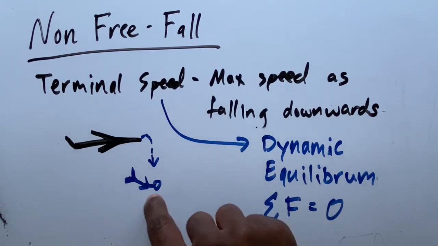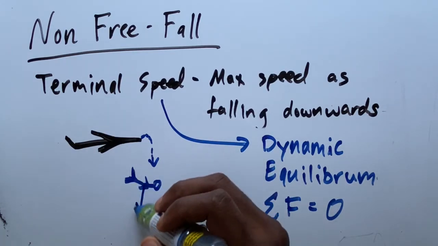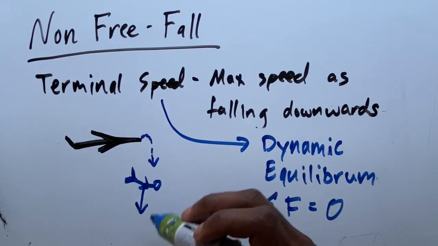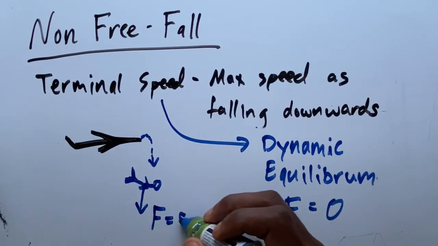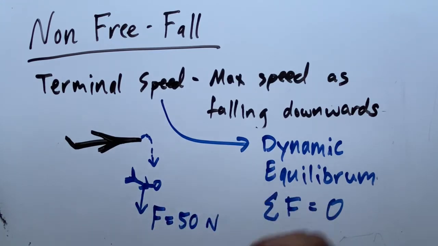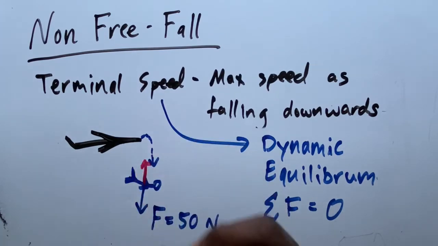So if we know the force this person is falling with is 50 newtons, how much air resistance is needed to push back in the opposite direction so that the sum of the forces are equal to 0?